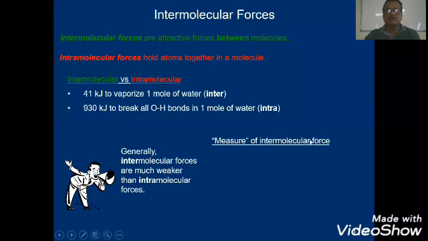And the intermolecular forces determine boiling point. If the intermolecular force is high, boiling point will be high. If the intermolecular force is high, melting point will be high. And if intermolecular force is high, the enthalpy of vaporization is high. And if intermolecular force is high, then enthalpy of fusion will also be high.